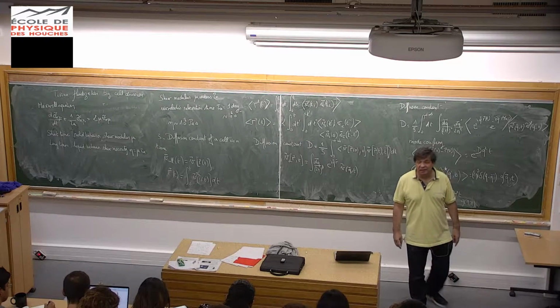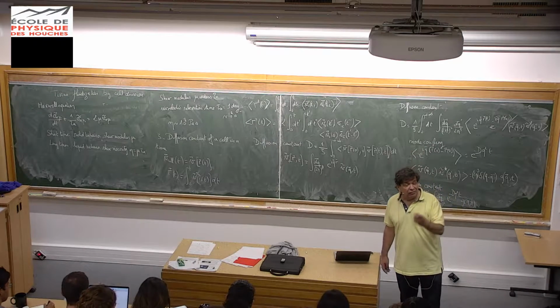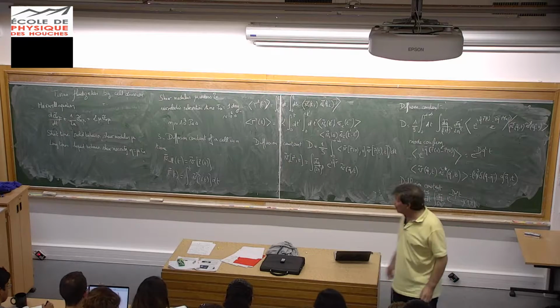But G of q and t is the time correlation function of the velocity in the tissue. So how do I calculate that?